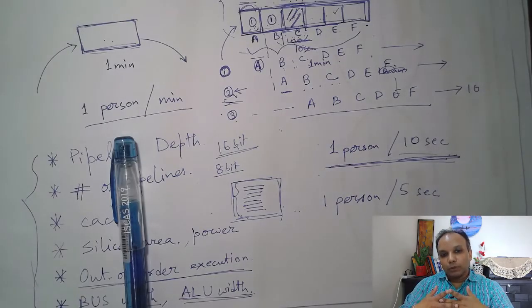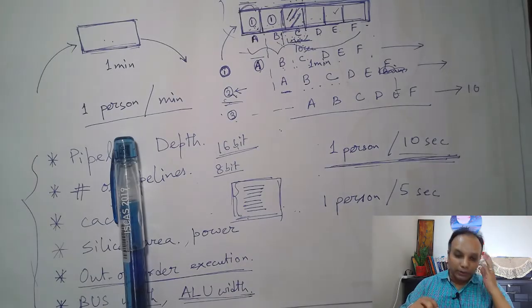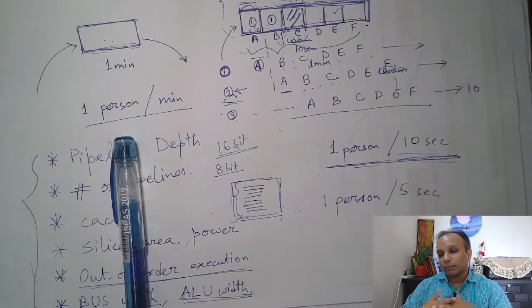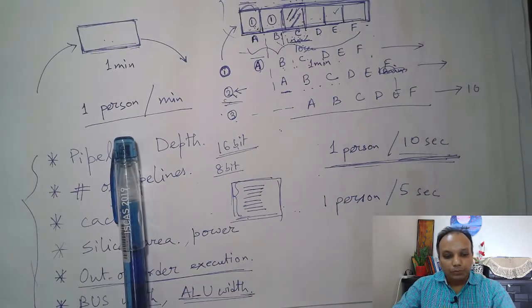We also looked at the nitty-gritties or examples of microarchitectural decisions like pipeline depth, number of pipelines, cache, silicon area, peak power, execution ordering, bus width, ALU width, etc. All right.